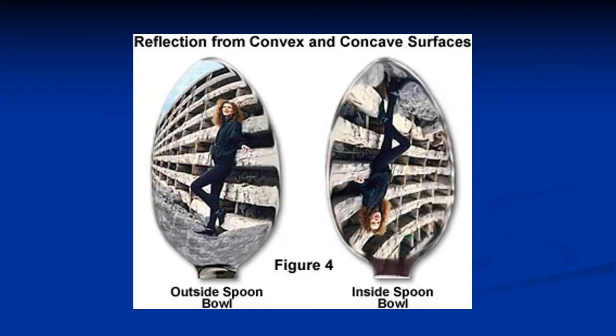Also, according to the surface, you can have a reflection from convex and concave surfaces. If you look at the outside of the spoon bowl, the reflection is different from the inside of the spoon bowl, because it depends on the curvature of the surface, whether it is flat or curved, and whether the curve is outside or inside.